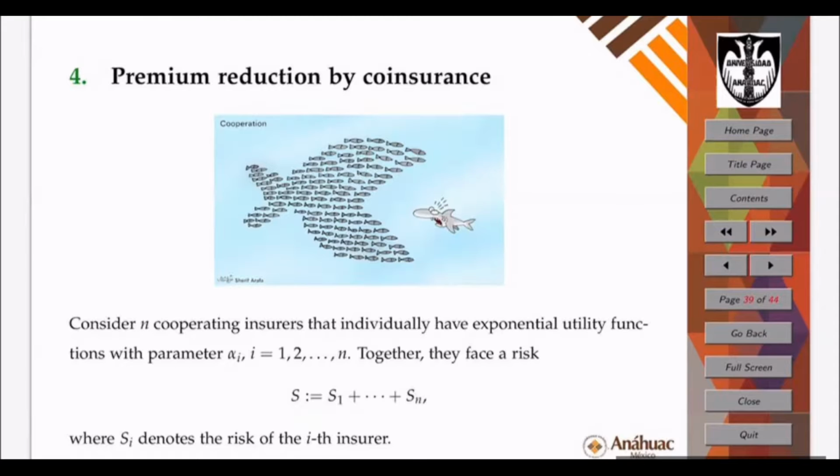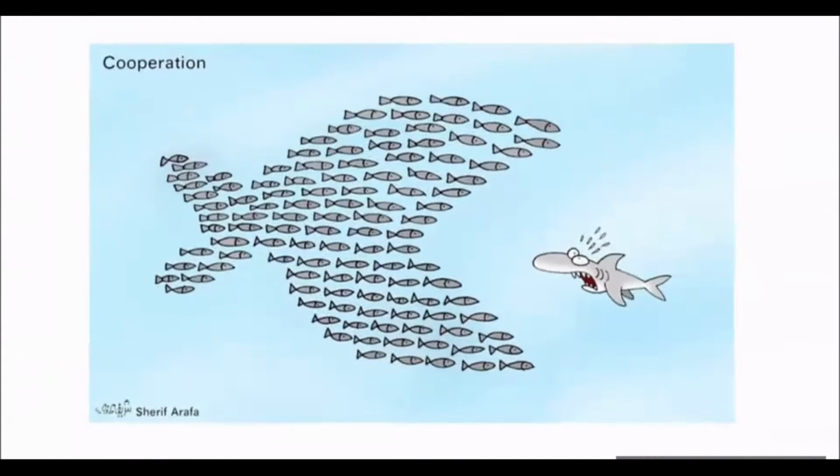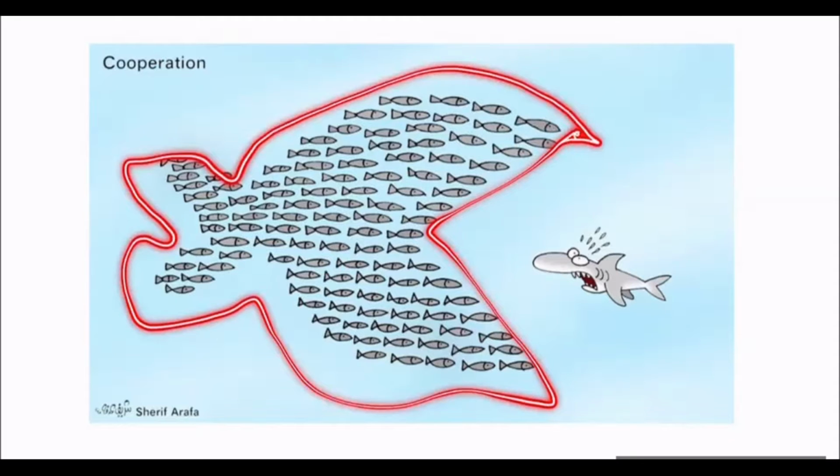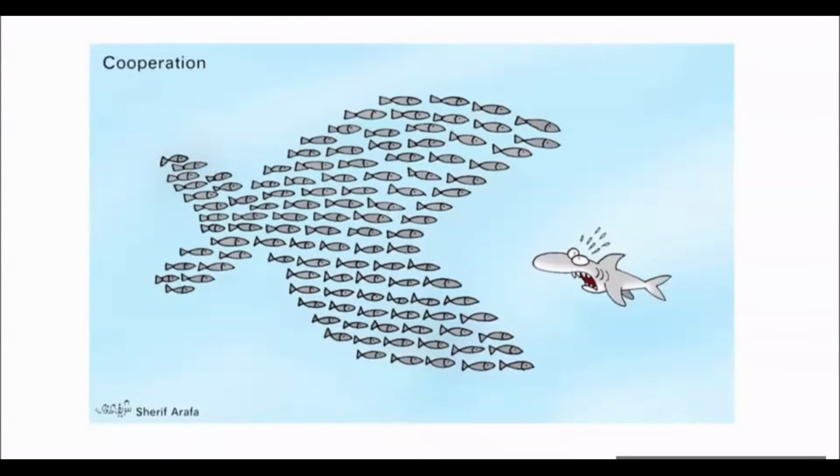What we see in this drawing makes even more sense, because these guys here each represent an insurance company, and they all together can add up to be able to face a huge risk. One of these guys will not mean a real threat to this other guy here.